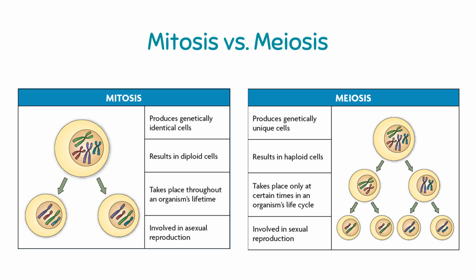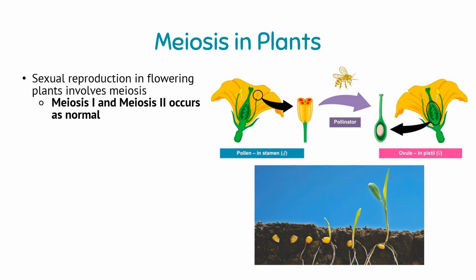Whereas mitosis produces genetically identical cells, and those cells are diploid, so they have 2 sets of chromosomes in each of these cells, and mitosis occurs throughout the organism's entire life and is involved in asexual reproduction, but we're not going into that now. I just want you to be able to compare mitosis to meiosis and know the differences between these two. So we've been looking at meiosis in animals.